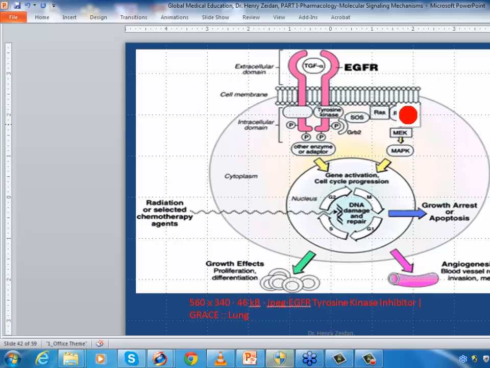You're phosphorylating all of those proteins, so you're activating gene activation, cell cycle progression, and that's what you end up with here. Growth effects. What happens when a mutation takes place is you tend to overproduce DNA, and you tend to have problems.